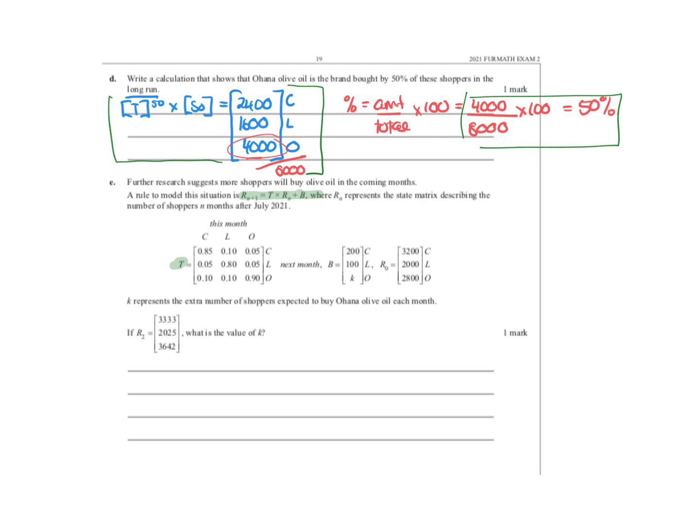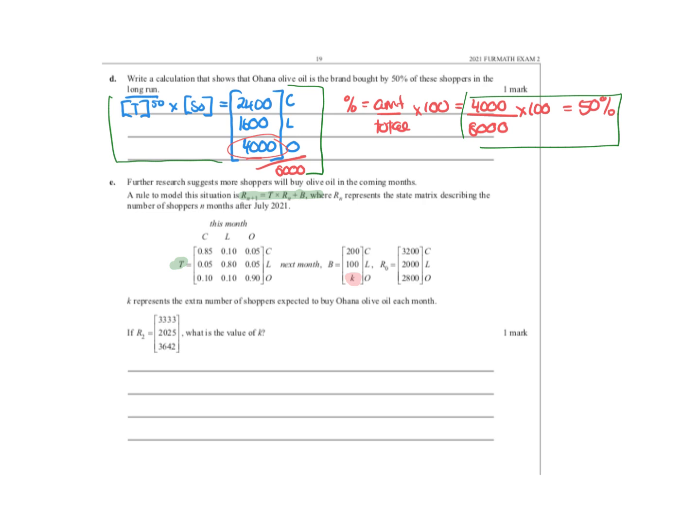K represents, so we can see the B is missing a number, and they put K there. K represents the extra number of shoppers expected to buy olive oil in each month. If R2 is this, what is the value of K?